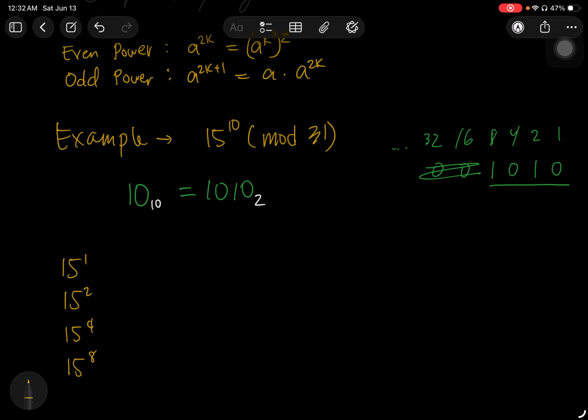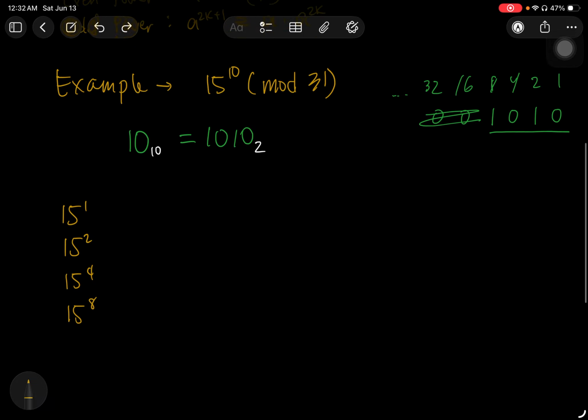So we raise the base to the binary powers, the pattern that we have for the binary, which here is 1, 2, 4, 8. We have 4 binary digits here, and we raise the base to their equivalent pattern. In our solution later, we will actually be using 15 raised to 2 and 15 raised to 8, because they're the ones that make up the decimal 10. But we need everything in the solution to compute.